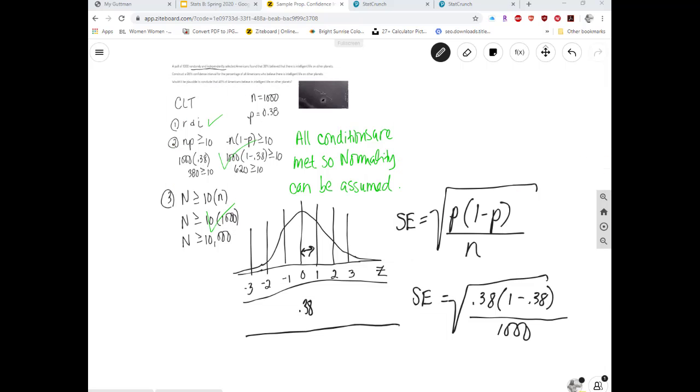Okay, so I'm going to write this here as my standard error is 0.0153. And if I rounded this just to make this a little bit easier on me, I could say that this is kind of close to 0.02, right? Because I could round this up to 2.